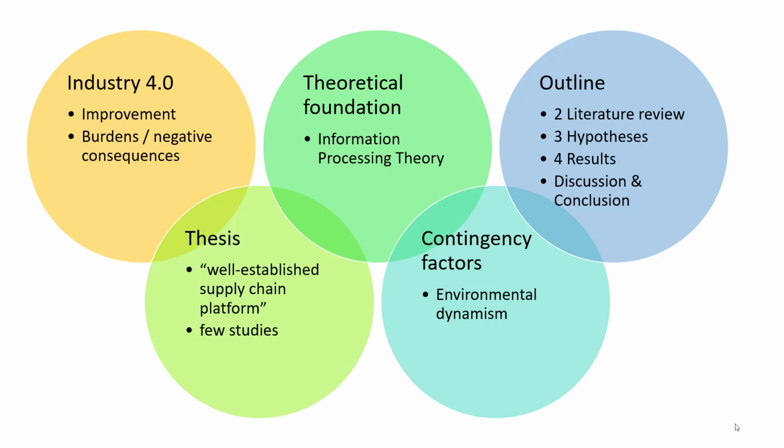Then they go back and talk about the theoretical foundation of their paper. They look at prior work in information processing theory, which they're going to apply to the study. Then they talk about contingency factors, another aspect they're going to look at, specifically the factor of environmental dynamism. And then they give an actual outline of the paper.